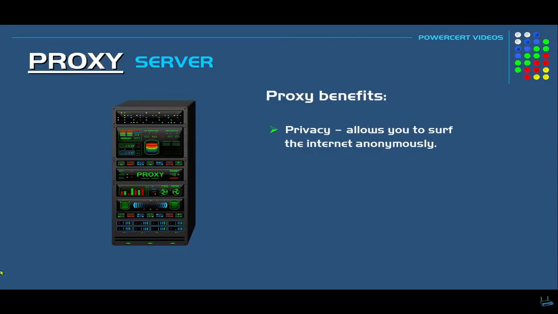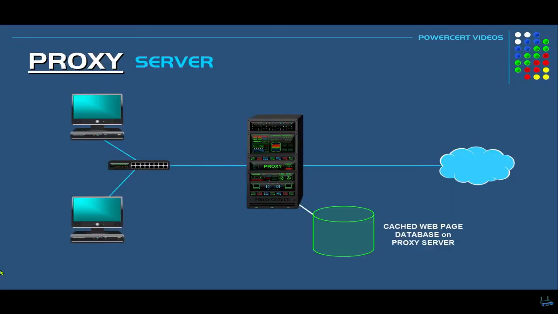And another benefit of using a proxy server is speed. So for example, if a company uses a proxy server and whenever a user wants to retrieve a web page, the proxy server will retrieve the web page from the internet on behalf of the user, and then it'll store that web page into a centralized cache database. So if another user on a different computer goes to a web page that has been stored in the proxy database, the proxy server doesn't have to go out on the internet to retrieve the web page.